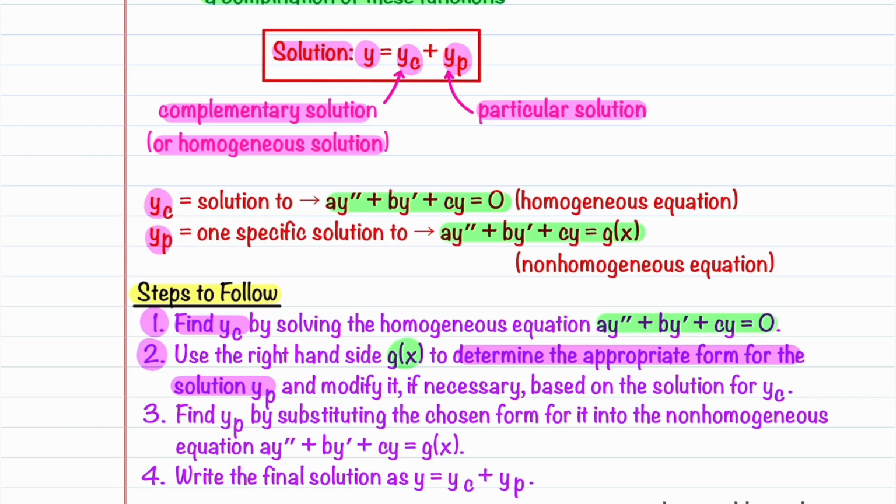I'll walk through exactly how to do that. The third step is to find the particular solution by substituting the chosen form back into the non-homogeneous equation that looks like that. And then the last step is to just put it all together and write your final solution as the complementary or homogeneous solution plus the particular solution.